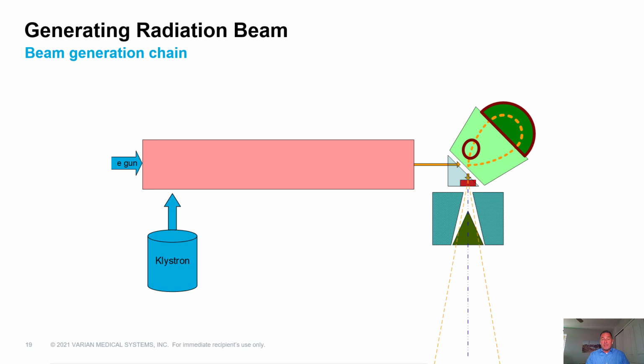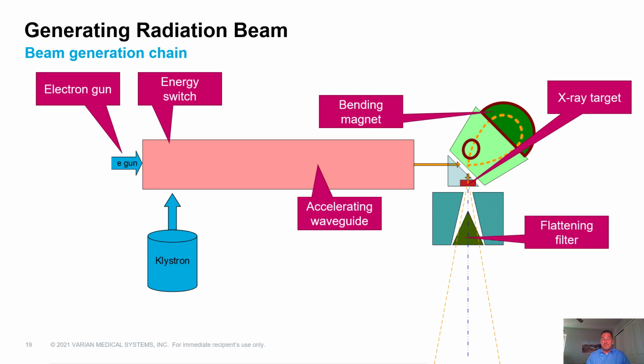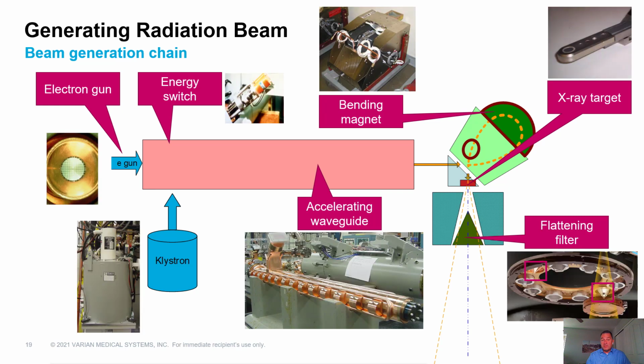Let's summarize everything that we just learned about beam generation. The electrons originate in the electron gun, and in our case, the triode gun. The electrons are accelerated in the accelerating waveguide by the radio frequency power generation system called the klystron. The klystron produces the microwave radiation used in the accelerating waveguide to accelerate the electrons to the desired kinetic energy.